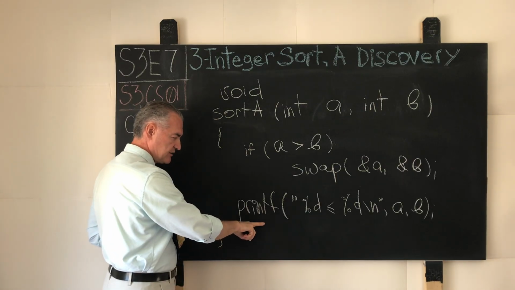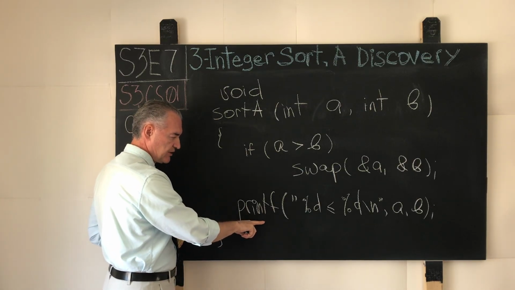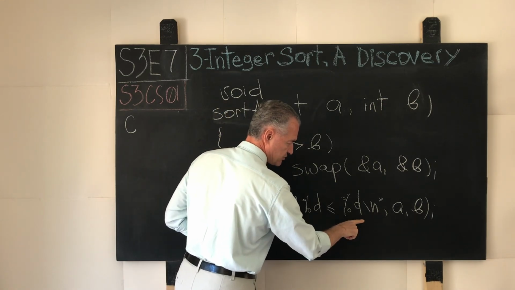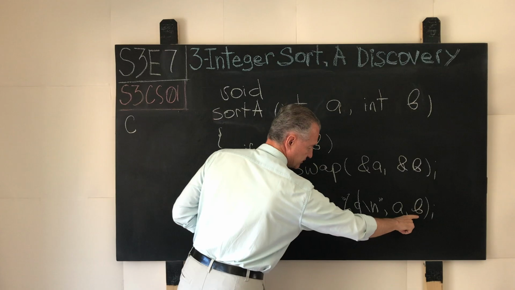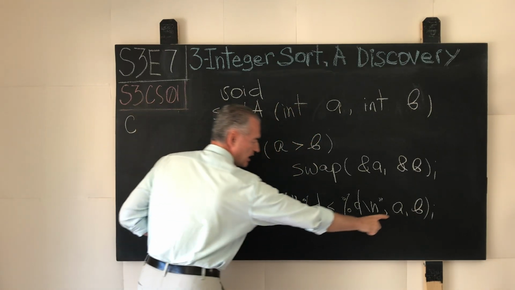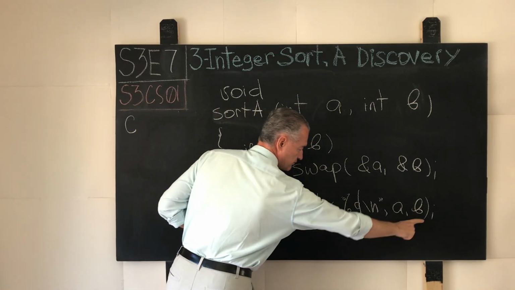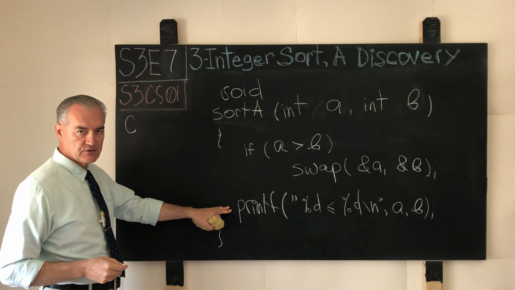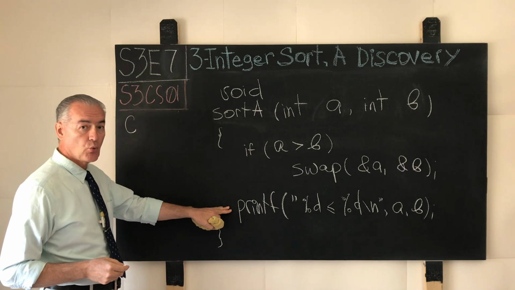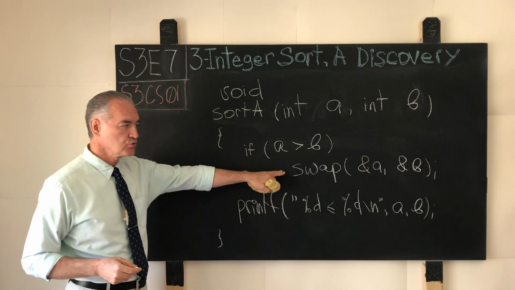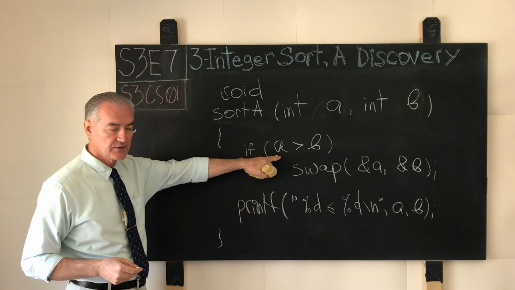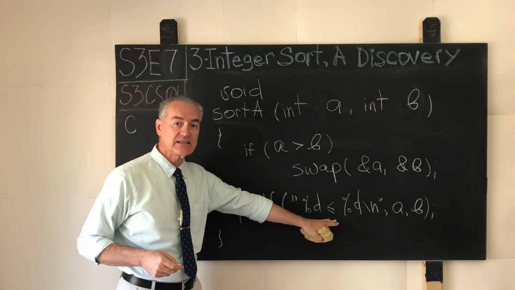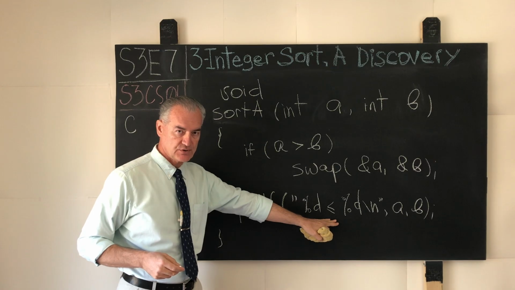Here, observe that even though this is a silly way of doing things, our printf with the formatting specification written here and the arguments listed after it, A binds to this specification, B binds to this specification. This specification in some sense remains one and the same. If there was no swap and this test failed, then our integers will still come out honoring the ascending order of sorting these two integers.